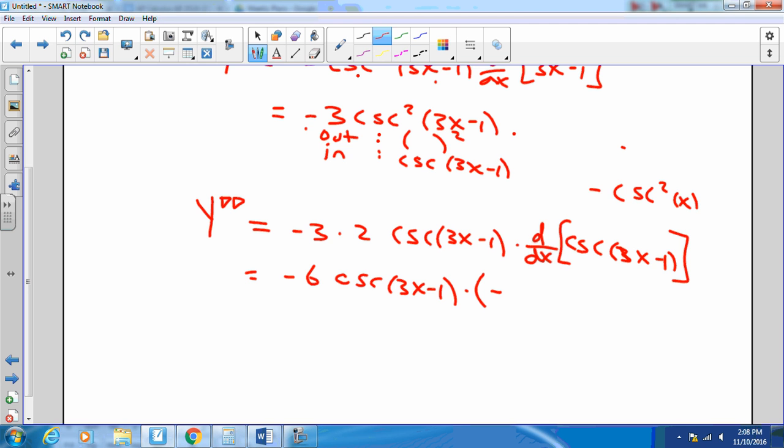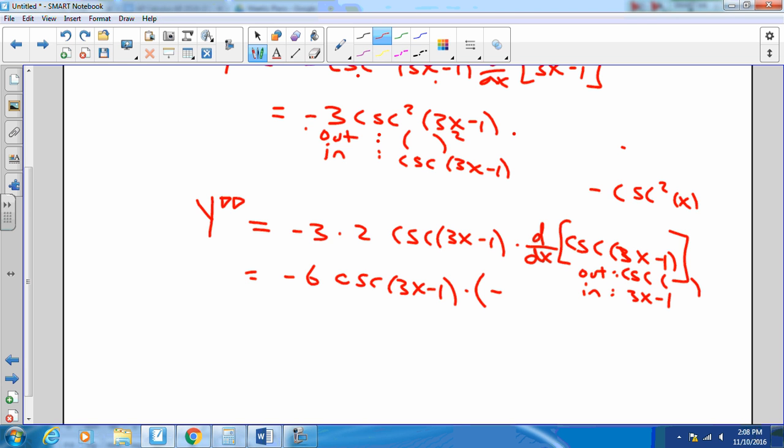Negative. What is the outside function? Outside is cosecant. And the inside? 3x minus 1. Okay. What is the derivative of cosecant? Negative tangent, or should be cosine.